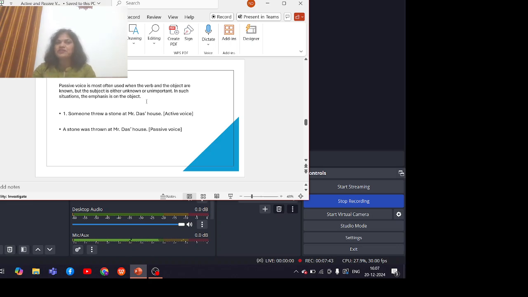Like look at the first example. Someone threw a stone at Mr. Das' house. Active voice. When we change into passive voice: a stone was thrown at Mr. Das' house. Who threw the stone? No need to mention, not required. When the subject is unknown, we can write like this.